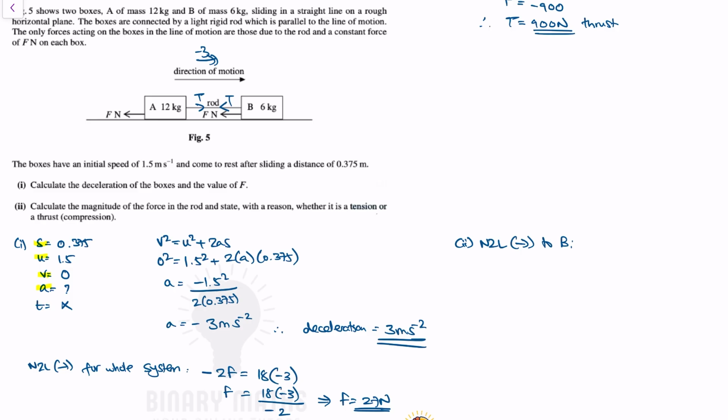So negative F minus F minus T is equal to mass, which is 6, times acceleration, which is -3. If I change everything to positive, F plus T must be equal to 18. F is equal to 27, don't forget. So 27 plus T is equal to 18. So T is equal to 18 minus 27. T is equal to -9 newtons.